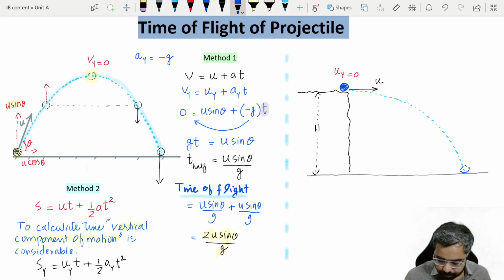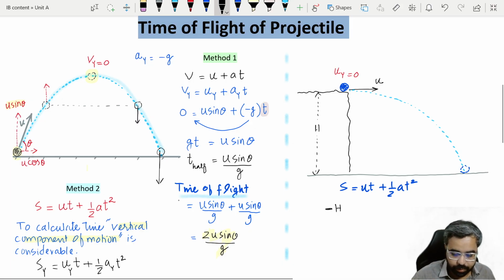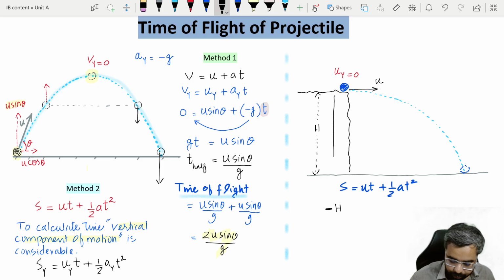Which equation? s equals u t plus 1 over 2 a t square. How much displacement is covered by the ball? That is negative h. Why negative? Because the ball has moved down vertically. If you see the vertical component of motion, the ball has moved h meters downward.